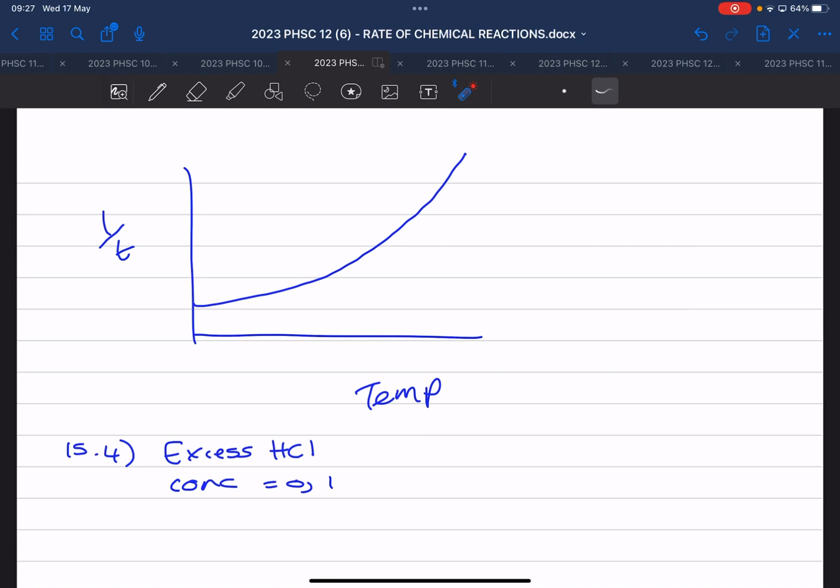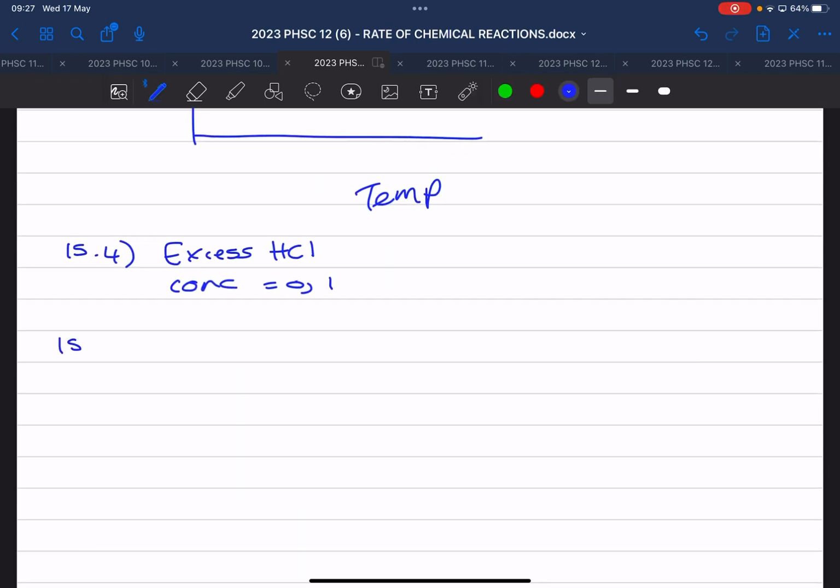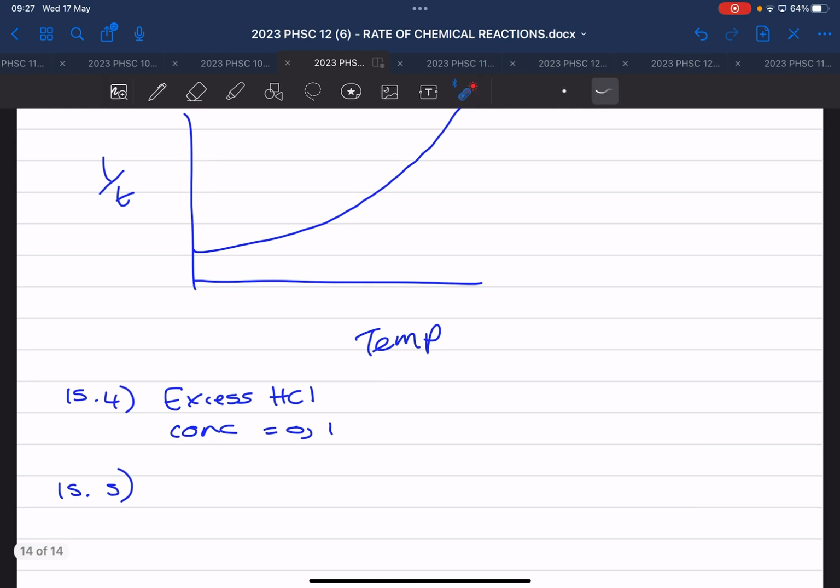Then they ask, 15.5, write down a conclusion that can be made from the graph. Now, 1 over time, when we calculate our rate, for example, is the change in concentration over the change in time. So when they give you something like that, that refers to the rate of the reaction.